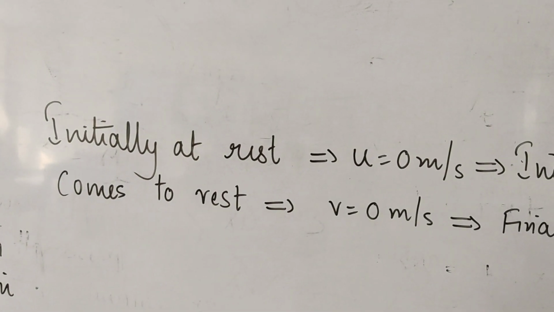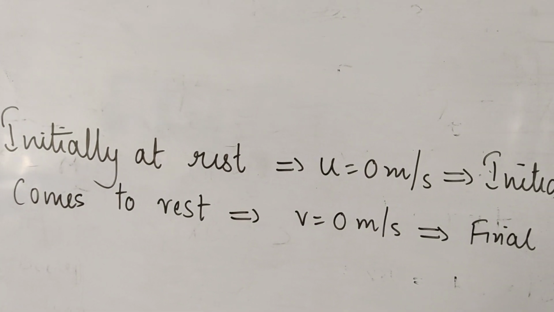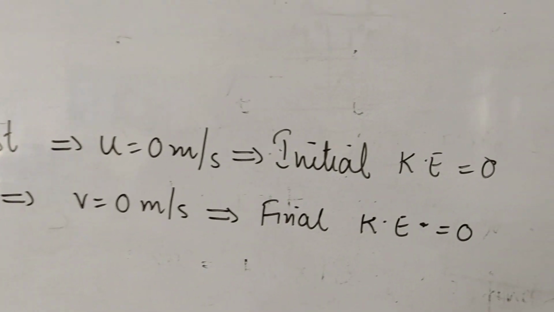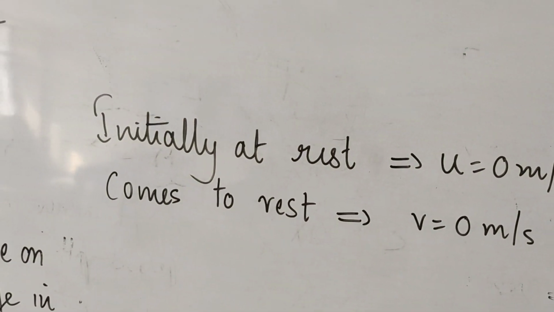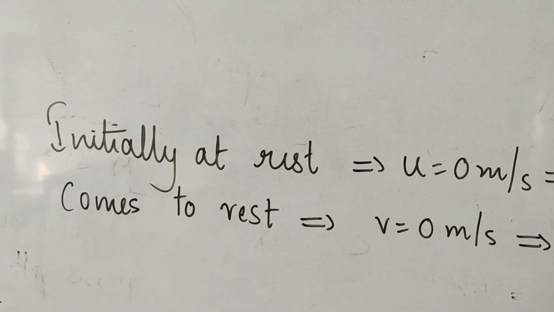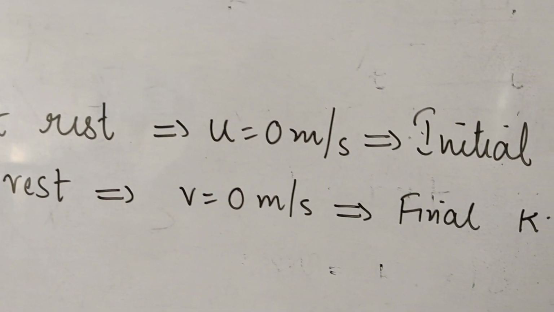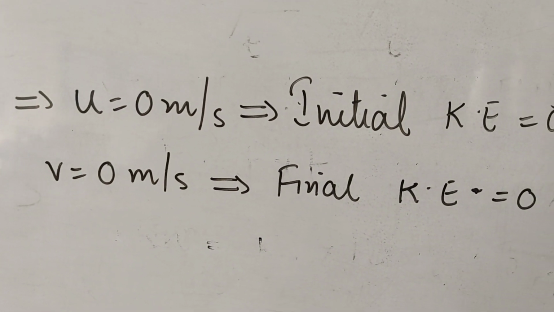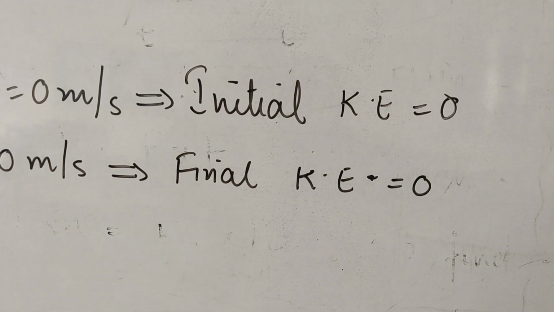In the numerical, if it is given that the body is initially at rest, you should know u is 0 meter per second. In that case, initial kinetic energy should be 0. Or if it is given that the body comes to rest or becomes stationary after the application of force, it means v is 0 meter per second, final velocity is 0 meter per second, and so final kinetic energy will be 0 joules.